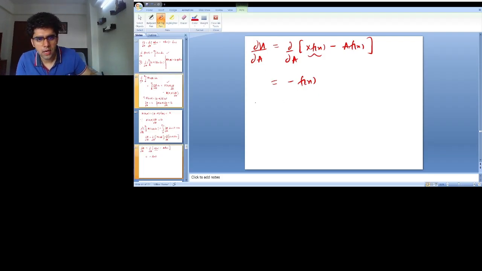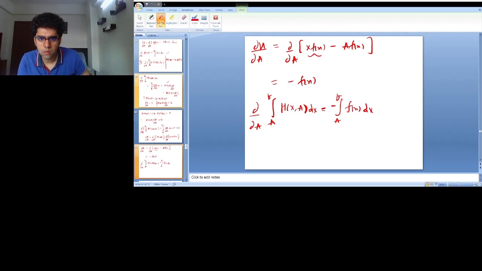So my expression del by del a of the integral from capital A to small b of h(x, a) dx becomes, the value of this expression becomes the integral from a to b, and I'm just taking out the negative sign, of negative f(x) dx, right?